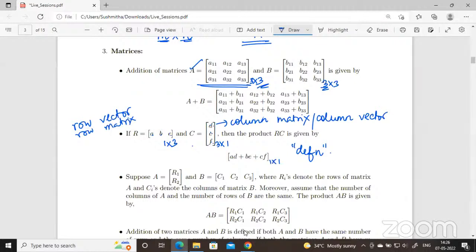I believe there might be some application in Python also, so this might form the basis for programming. Matrices are nice because you store data in tables.